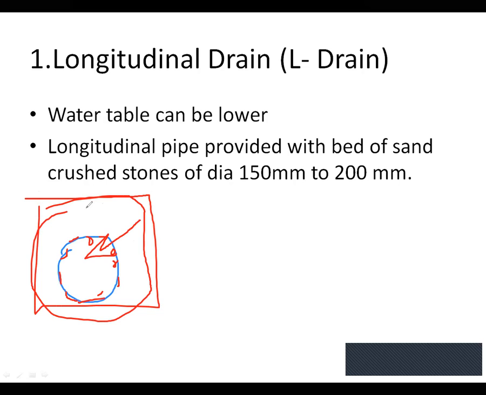By providing sand and crushed aggregate, crushed stone, which makes the whole area a low pressure area. So the water is first collected and travels to this area, and then to this area, and when it is collected in the pipe, it is transferred to a nearby area.